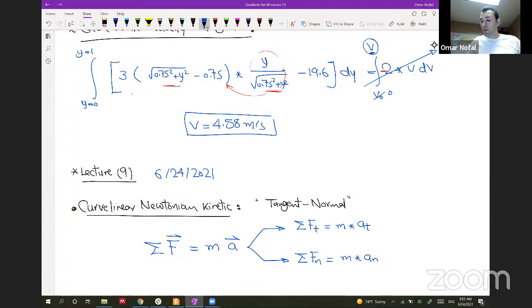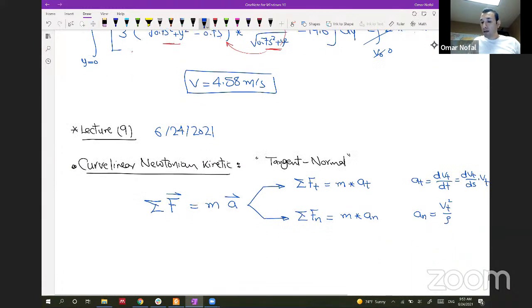And as we know from particle kinematics, a tangent is equal to dv tangent over dt, and also equal to v tangent dv tangent over ds. We also know the normal acceleration is equal to v tangent squared over rho.